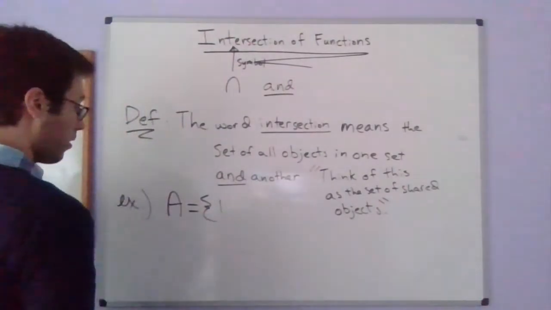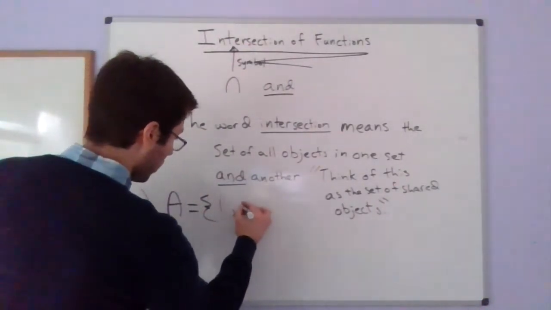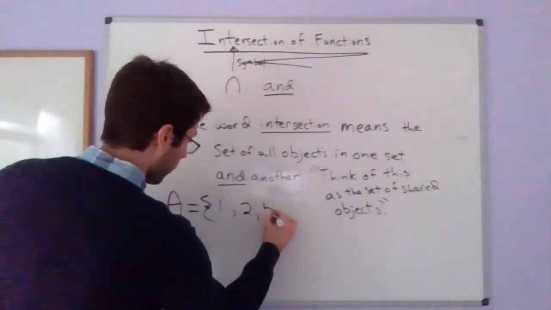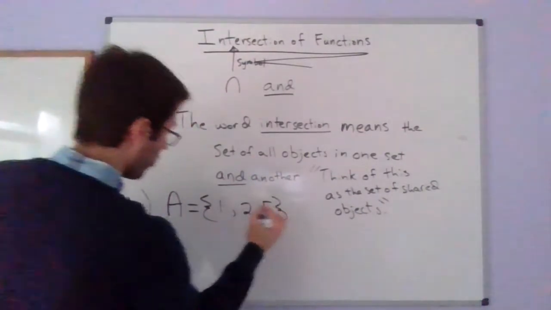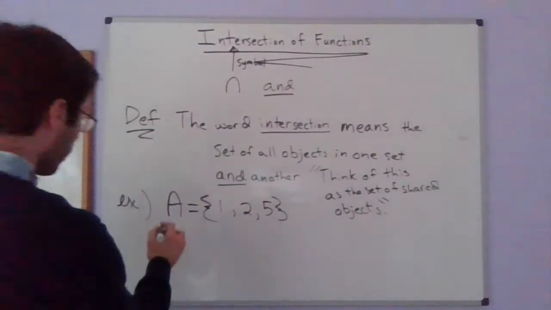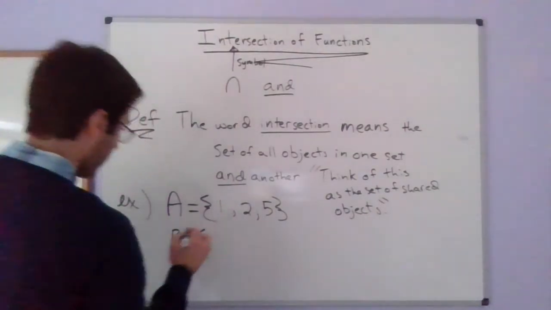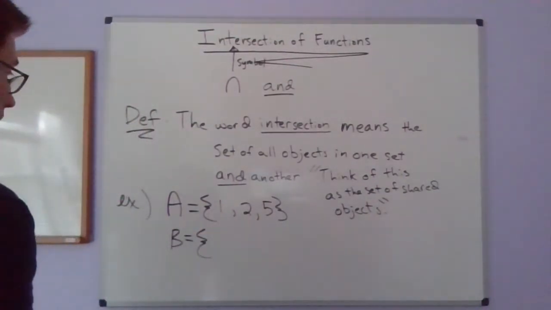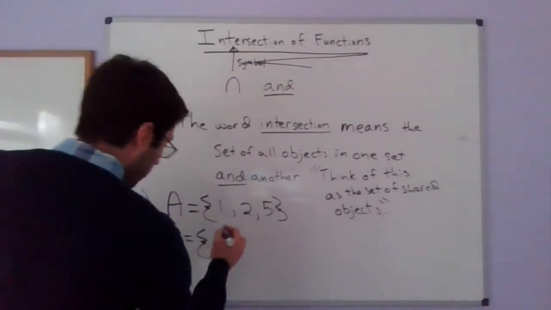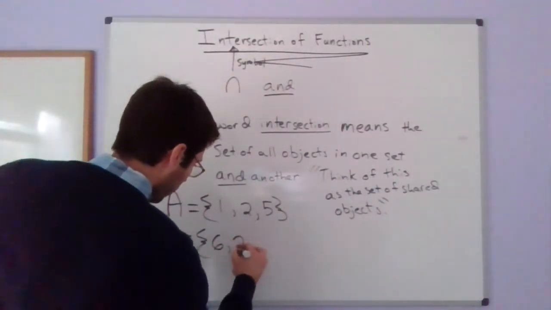So let's say this set contains 1, 2, and 5. So these objects are said to lie in the set A. And then we're given another set, let's say B. Let's say that set has numbers 6 and 2.